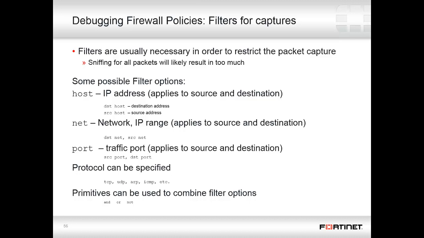Specifying the port and protocol for the traffic is another method of quickly and easily removing information from your packet capture. It's also common to use primitives in order to link more than one condition, like doing a capture for traffic from a particular IP, but specific to several different ports.